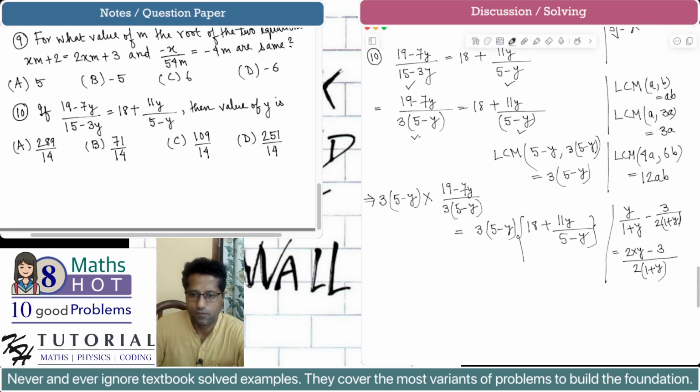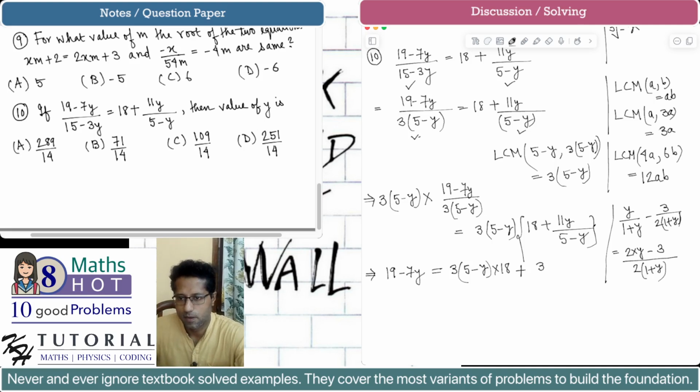Now if you simplify and do the products, you will see the LHS becomes 19 minus 7y, and the RHS becomes 3 into 5 minus y multiplied by 18 plus 3 into 11y.